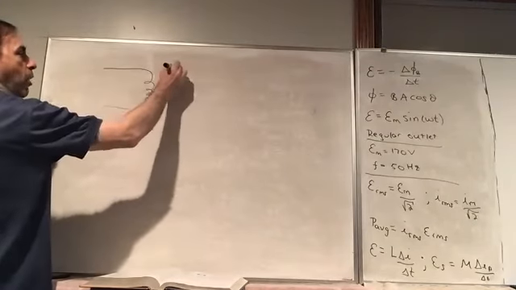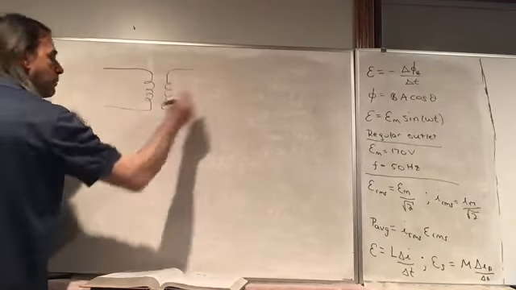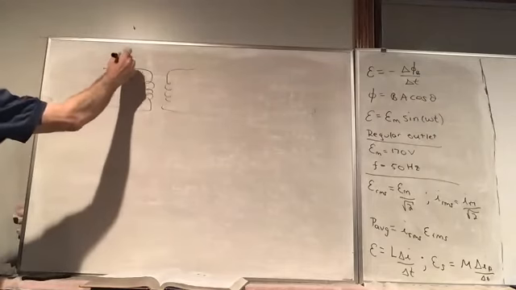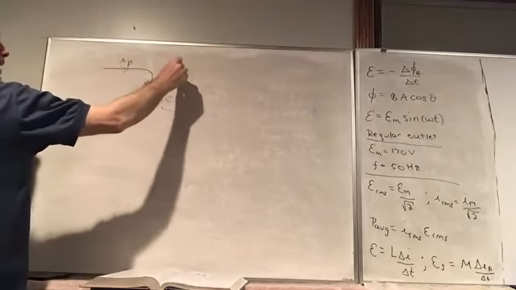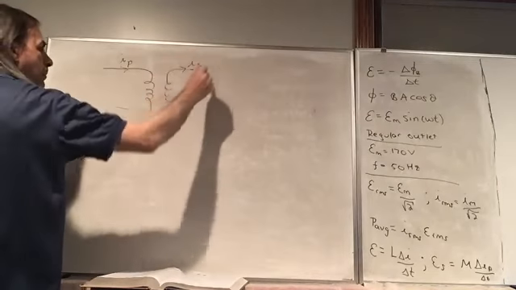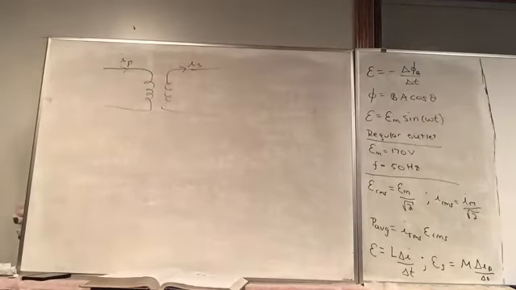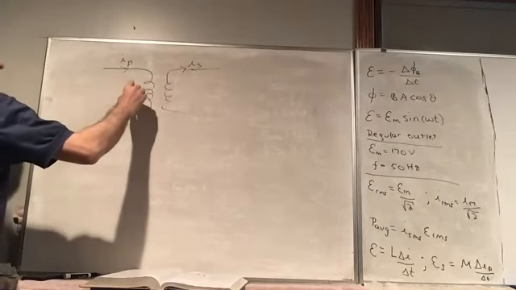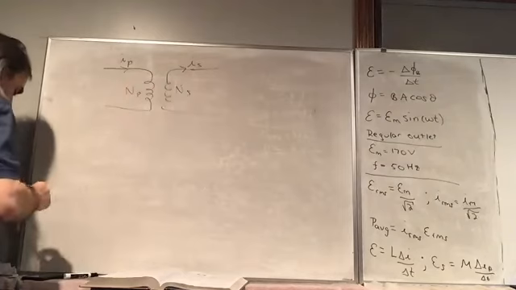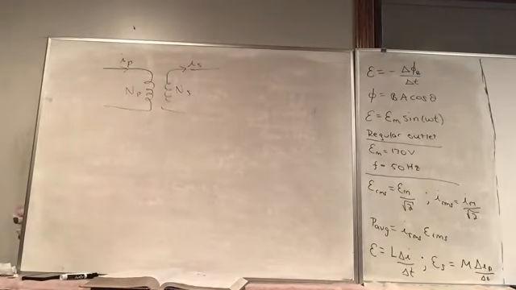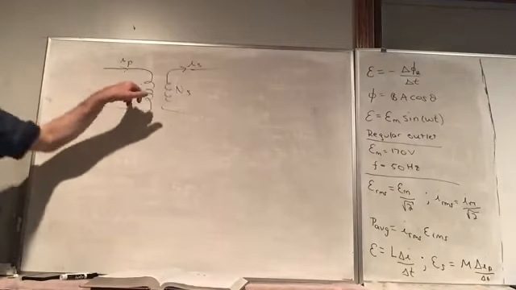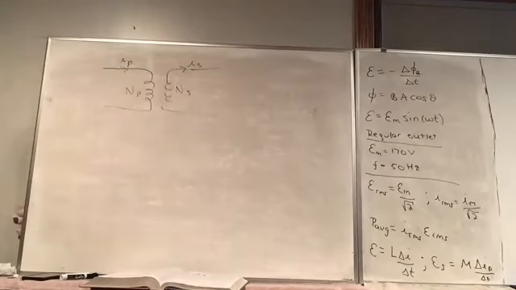We have these two coils. We have a primary current here and a secondary current here. This marker is kind of fading on us. All right, so we have just a different number of coils in the primary and secondary.